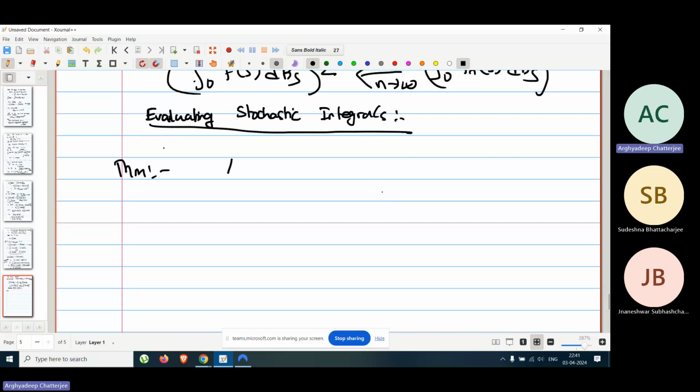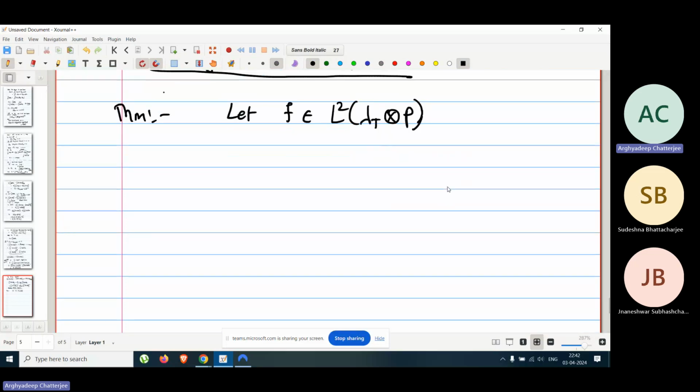Let f belong to the space L2 of lambda_t times P, progressively measurable. We can assume everything, or even assume continuity, for simplicity.